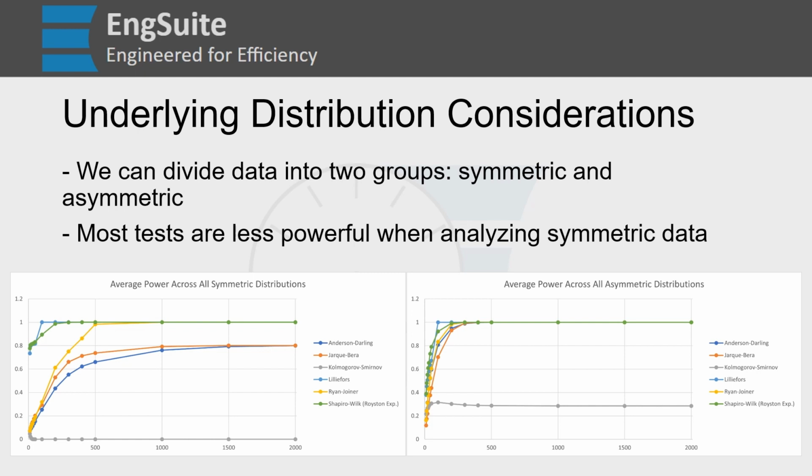Now that doesn't really help you, but it's something that's very good to know. If you have very symmetric data, you just can't trust your tests nearly as much without larger sample sizes. But that doesn't mean that your data isn't normal, because for it to be normal, it has to be symmetric, which is exactly why these tests have more trouble with it.